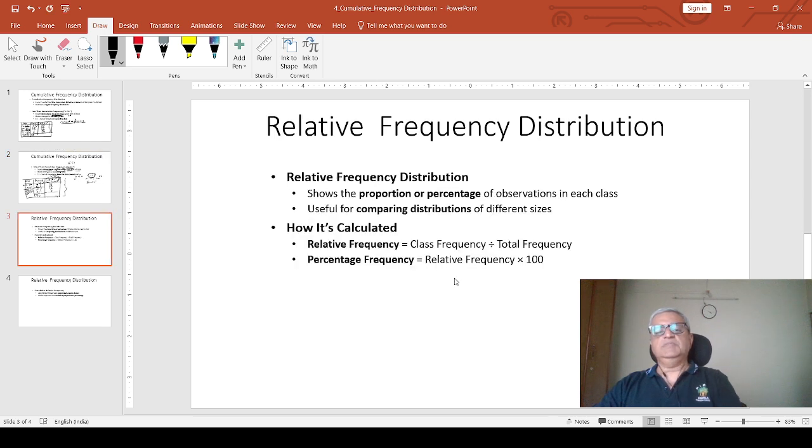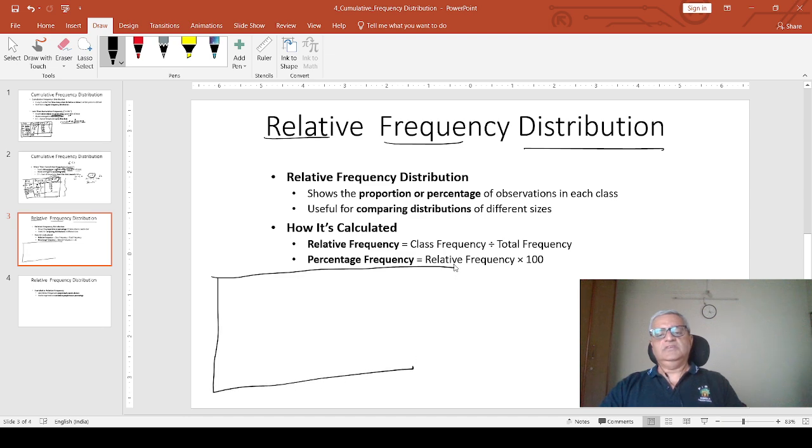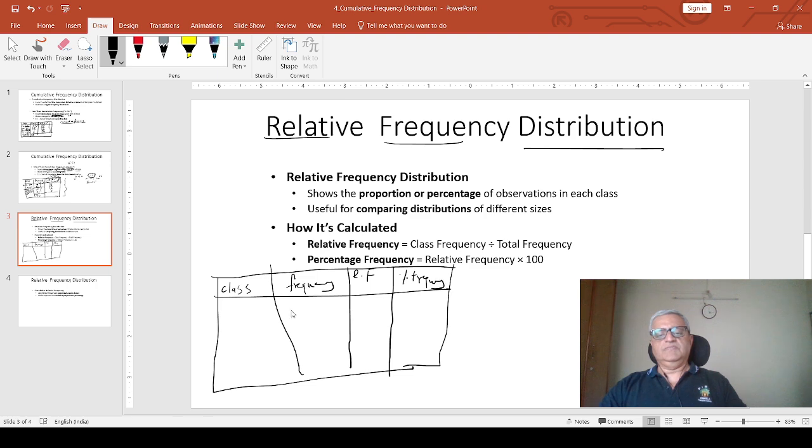Let's move on to the next concept, and the next concept is relative frequency distribution. So what is relative frequency distribution? Pretty simple. Let us take an example again. So if we have class, we have frequency, and we'll have relative frequency and percentage frequency.